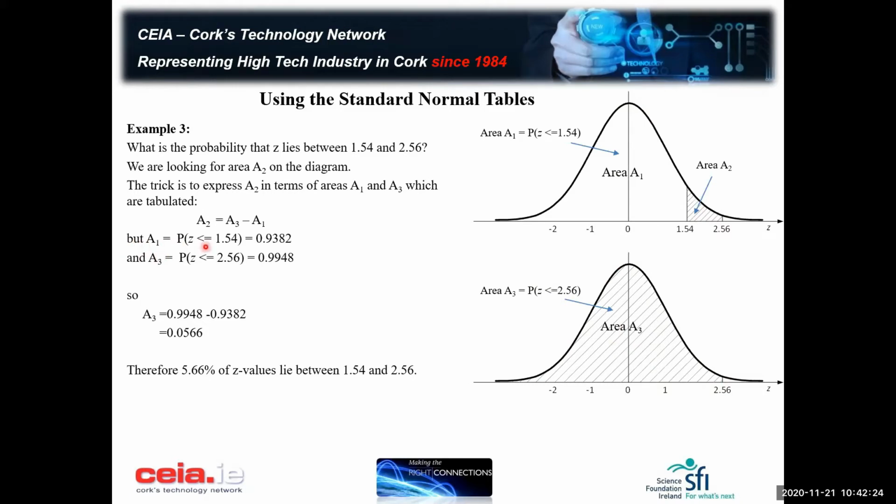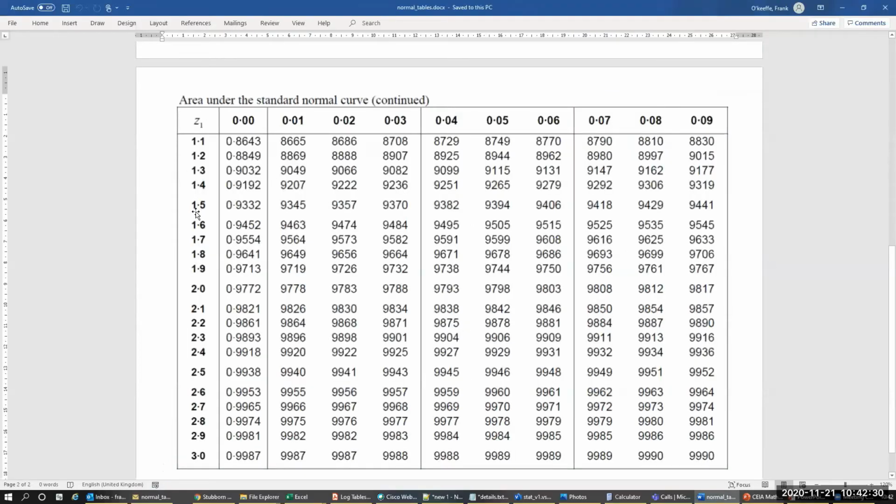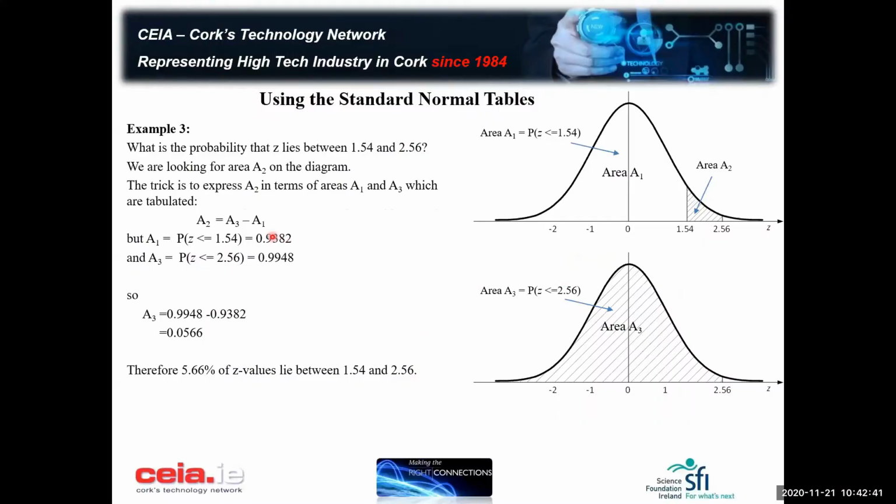So A1 is the probability that Z is less than or equal to 1.54. Find 1.54 here, it's 1.5. I go over to the 0.04, and we get 0.9382 here. A3 is the probability that Z is less than or equal to 2.56.